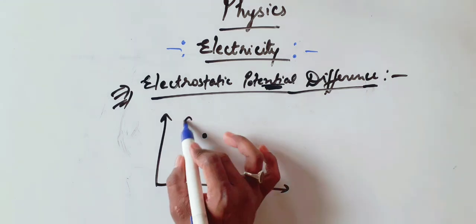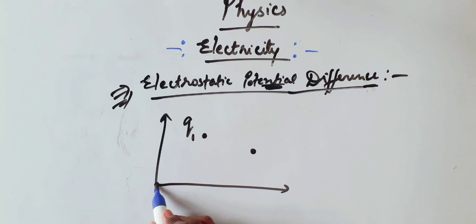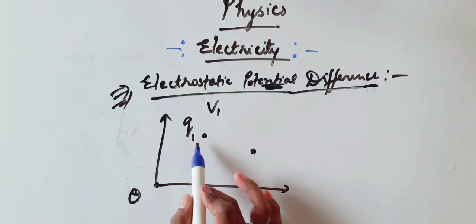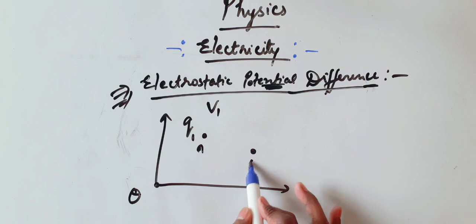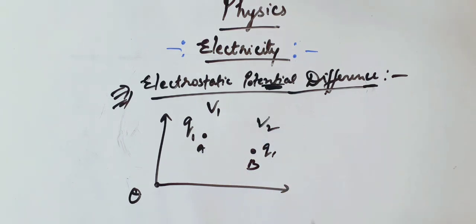If Q1 charge is placed here with respect to the origin, its potential is V1. But if this Q1 charge moves from point A to B, then this potential becomes V2.